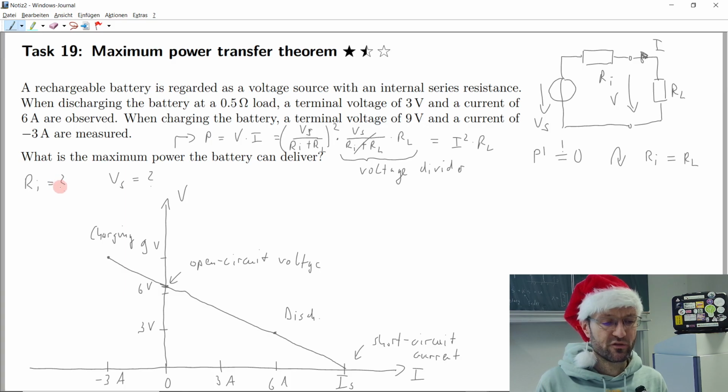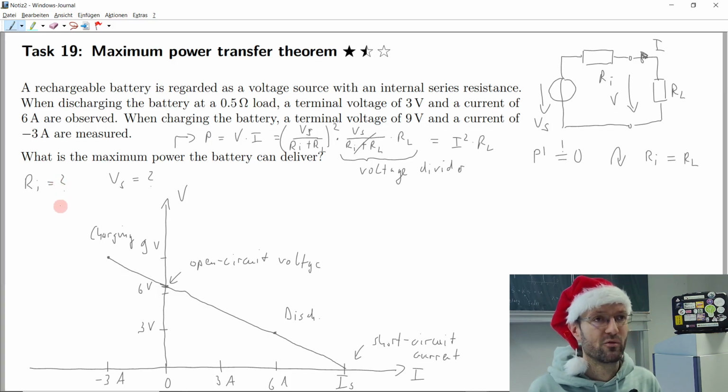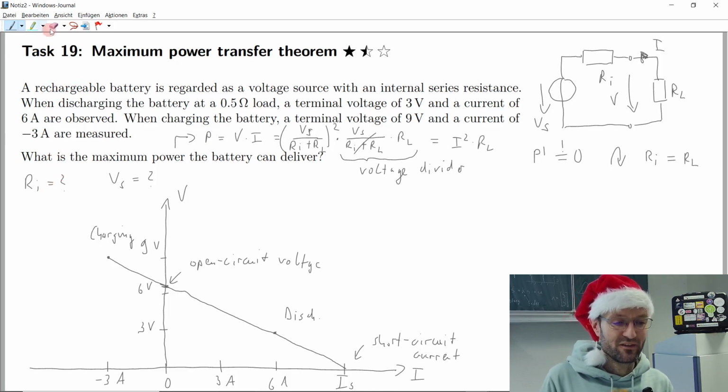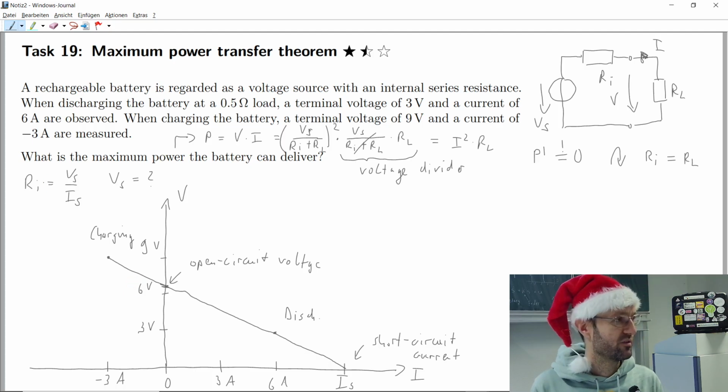How does the short circuit current help us in determining the inner resistance? Yeah, if we just take the ratio between the source voltage that we just got and this short circuit current, then the ratio is the inner resistance.